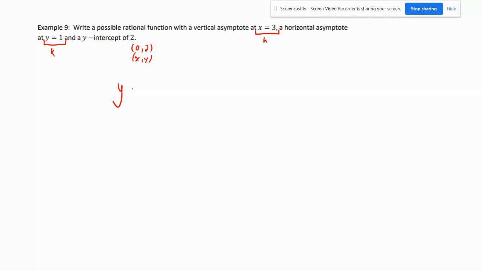Okay, so guys, for rational functions, we're dealing with functions in this form. I'm just going to plug in everything I know. y equals 2.